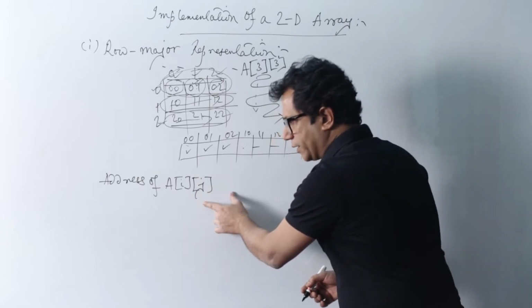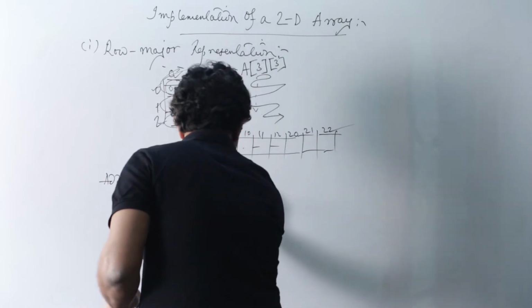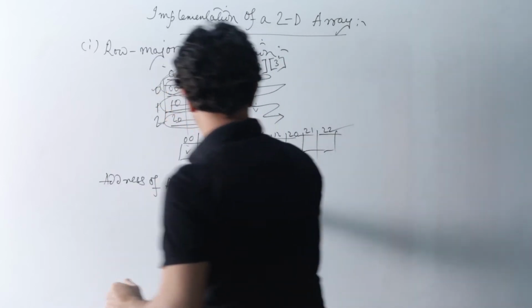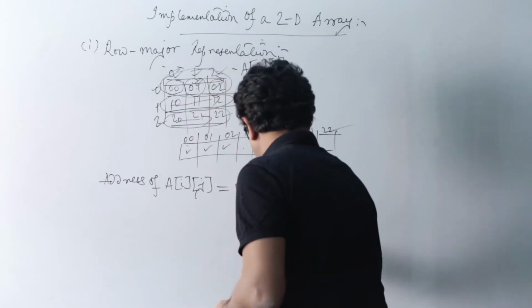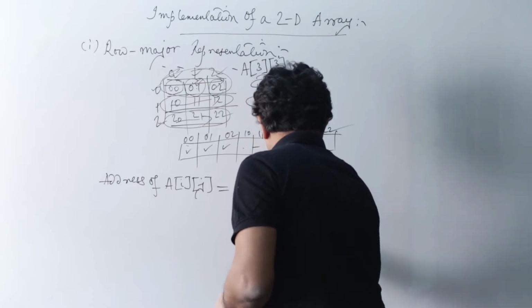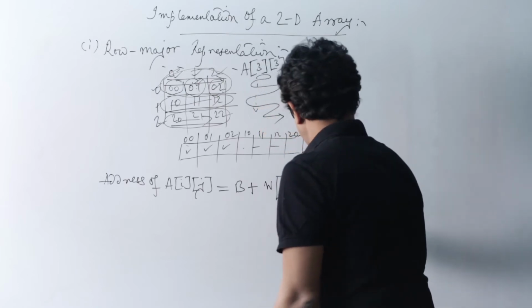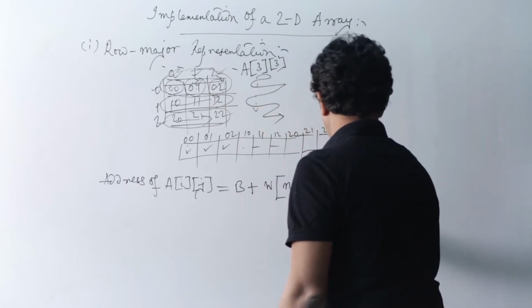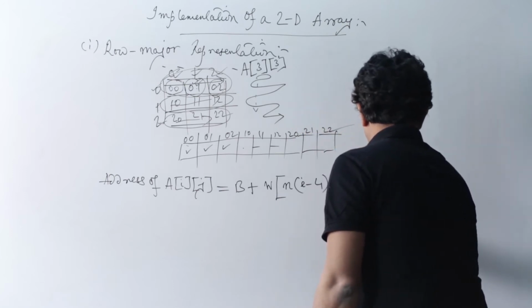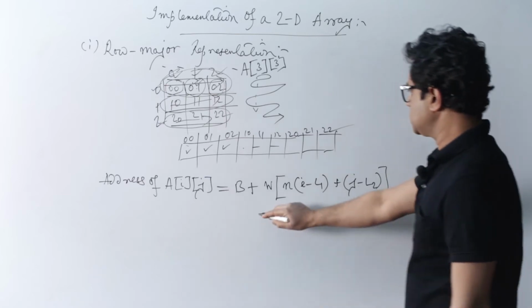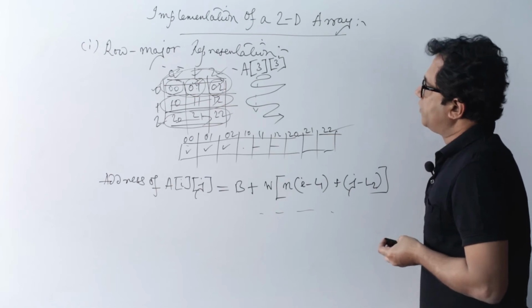The address will be determined by a formula which is like this: B plus W, then a third bracket, then N, then I minus L1 plus J minus L2, then third bracket. So this is the formula of finding the address of the Aij element of a two-dimensional array.